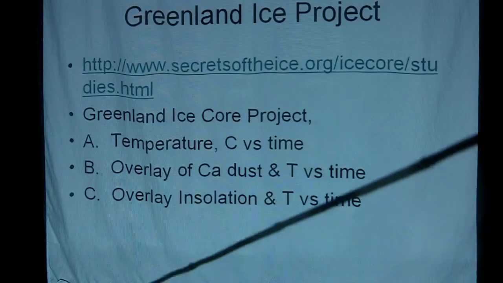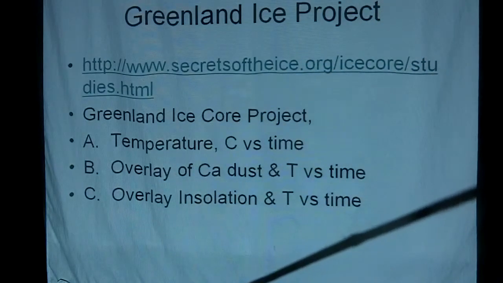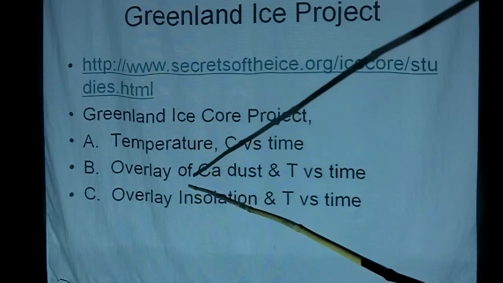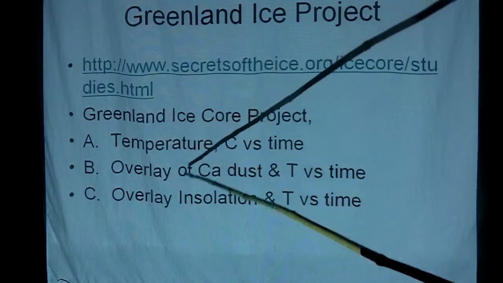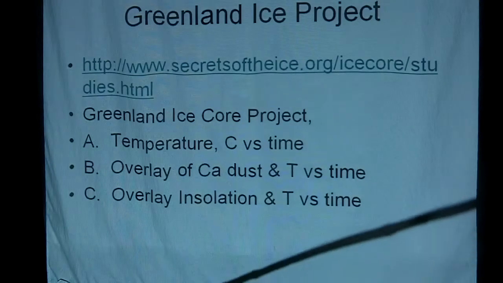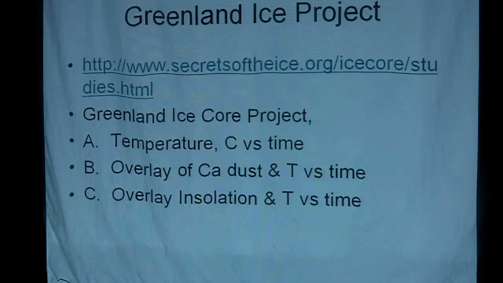And what we're going to display in the first slide is just temperature versus time. And then we're going to overlay this record with the terrestrial dust as measured by calcium content of the ice. And then we're going to overlay insolation, which is the heat received at the latitude of Greenland from the sun.